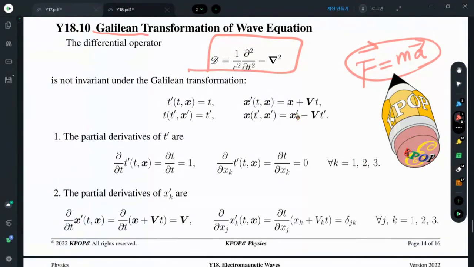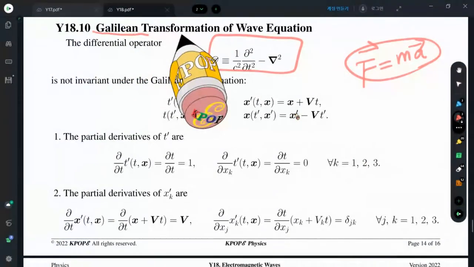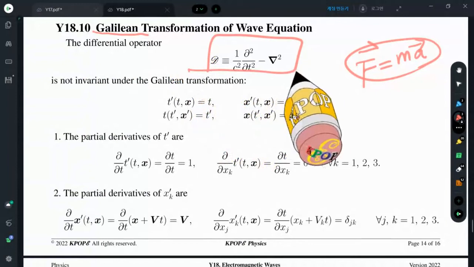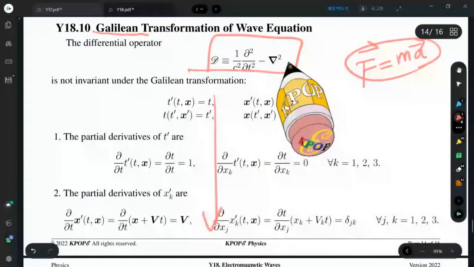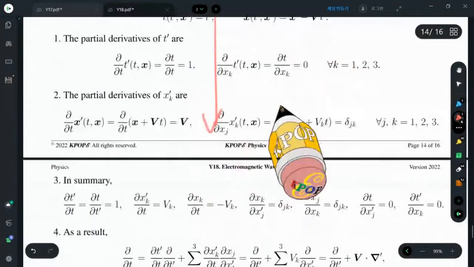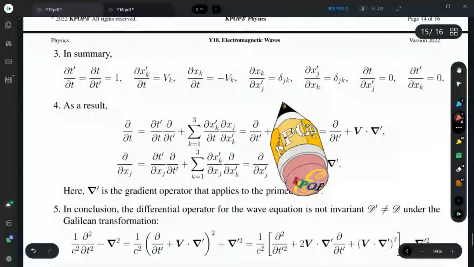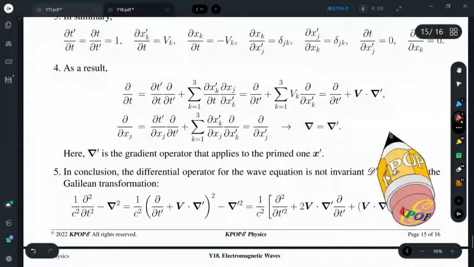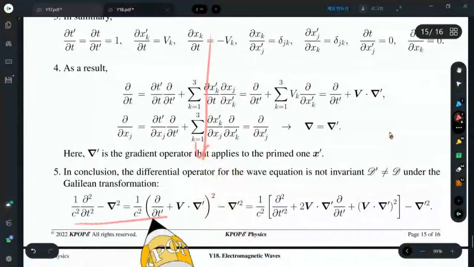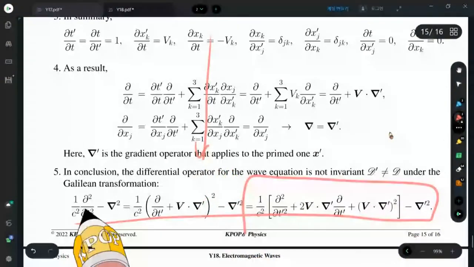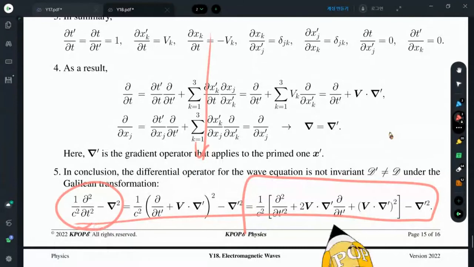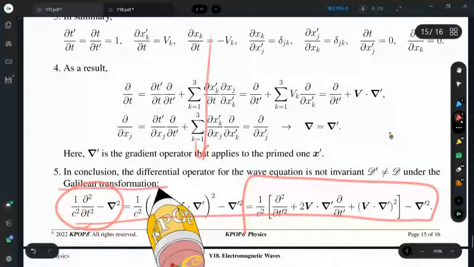However, if you apply the Galilean transformation to this operator, you will find, in a straightforward calculation based on the chain rule you learned already, that finally there's a breakdown of the shape of the operator under Galilean transformation.